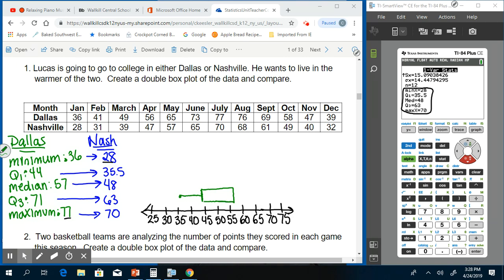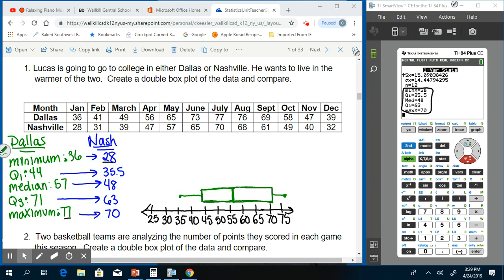So we have half the data now graphed, and this box represents another 25% of the data. Then over to 71. There's another 25% of the data. And then over to 77, another 25% of the data. So you can see in this last 25%, the temperatures in that part are squished together.